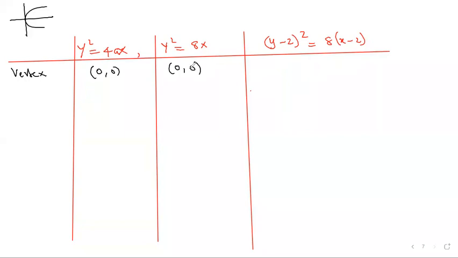Now listen carefully. Here capital Y is 0 and capital X is 0. Here capital X is x minus 2, so x minus 2 will become 0, so x will become 2. Y minus 2 will also become 0, so y will become 2. So the answer is 2, 2. Got the idea?